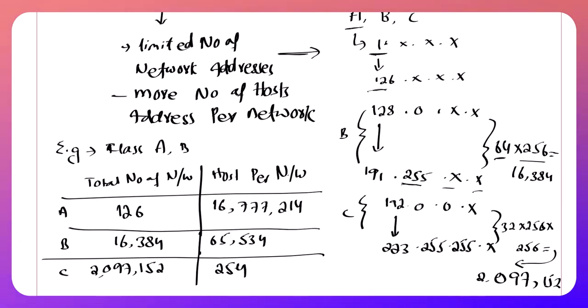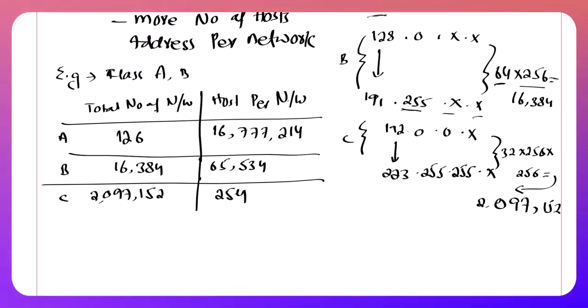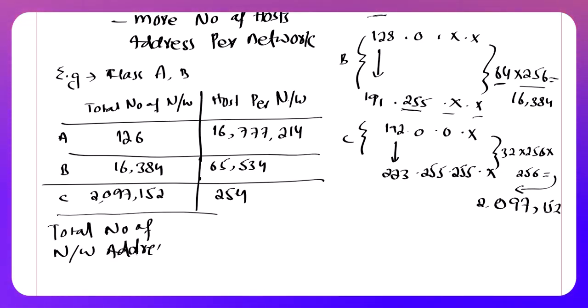So now let's make a total number of networks in IP address version 4. It is equal to 126 plus 16,384 plus 2,097,152, which equals 2,113,662.